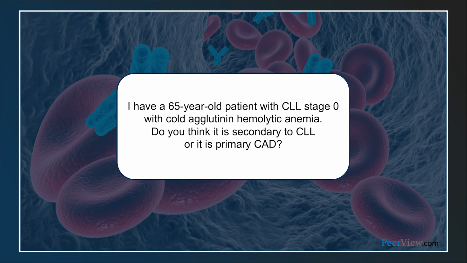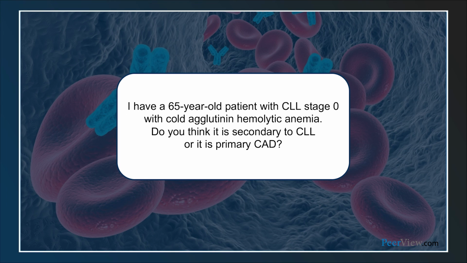And then there is a question. I have a 65-year-old CLL stage 0, with cold agglutinin hemolytic anemia. Do you think it's secondary to CLL, or is it a primary cold agglutinin disease?